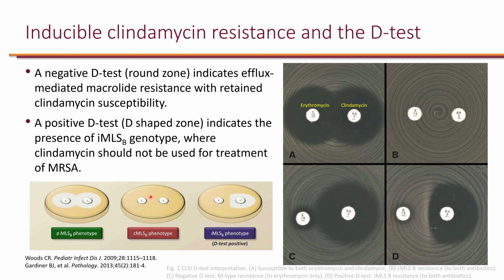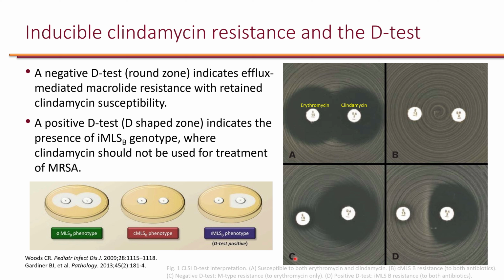Now, if it grows through the disc, that means it didn't care that there was antibiotic here, it was resistant to it, so it actually grew through. It did nothing. Sometimes you may get, so I will use the example over here.